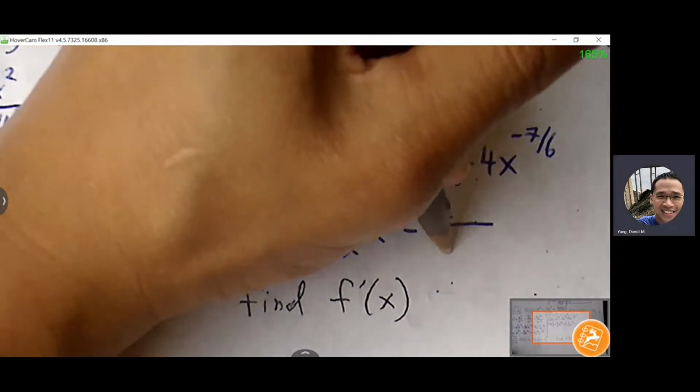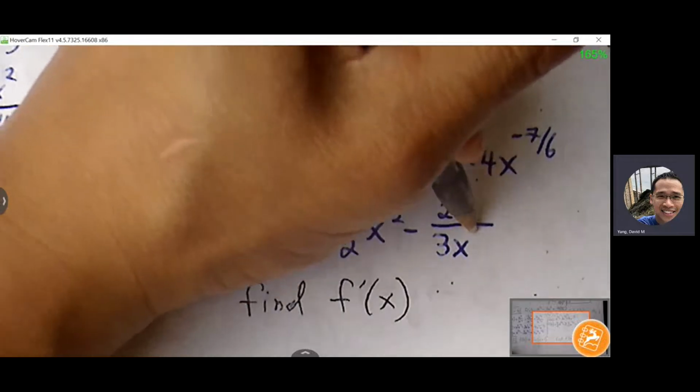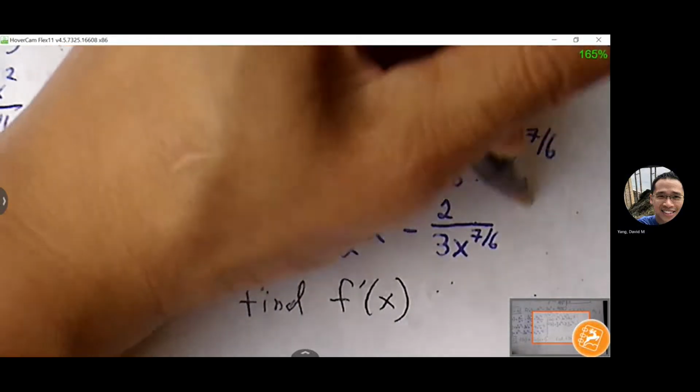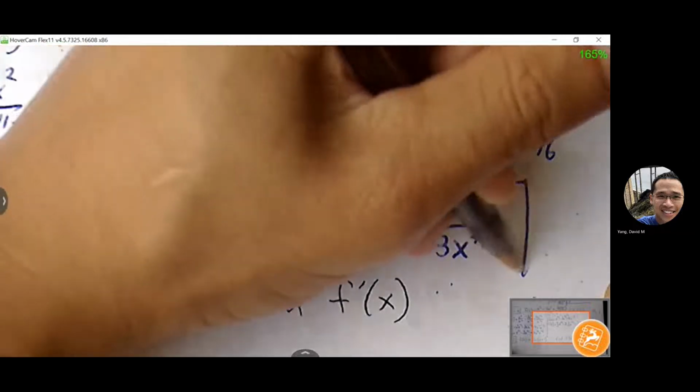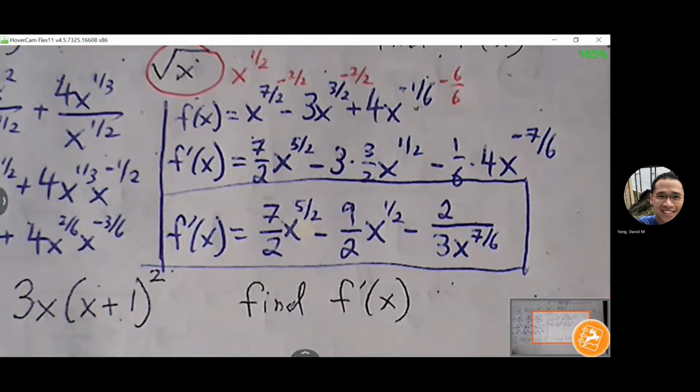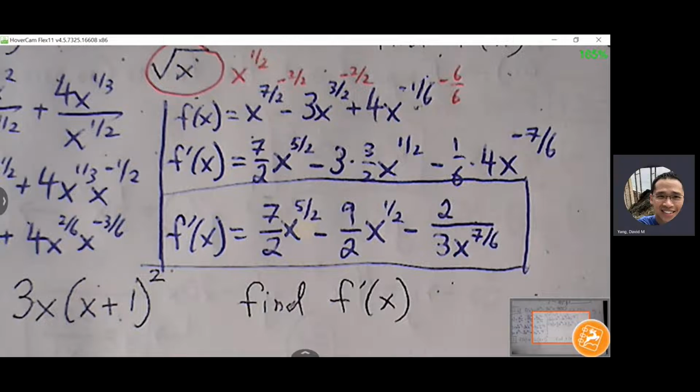And I'm also going to take care of that negative exponent by bringing that variable down. Okay, any questions here?